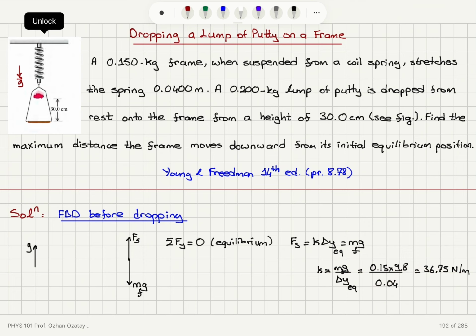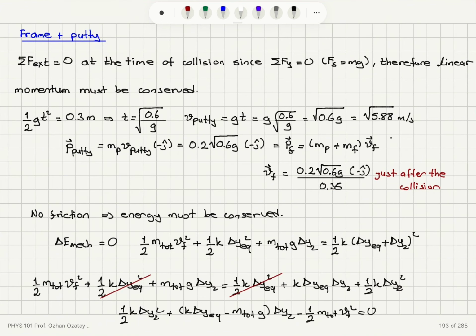When this putty comes down, it's going to accelerate under the influence of gravitational force, and when it hits the spring, there is no external force acting on the system. Of course, there will be a collision force developing between these two, but because there is no external force acting on the system, we can say that this is going to lead to conservation of linear momentum.